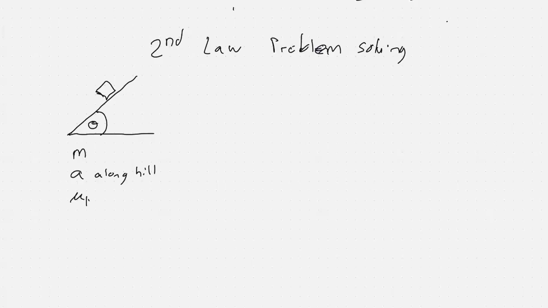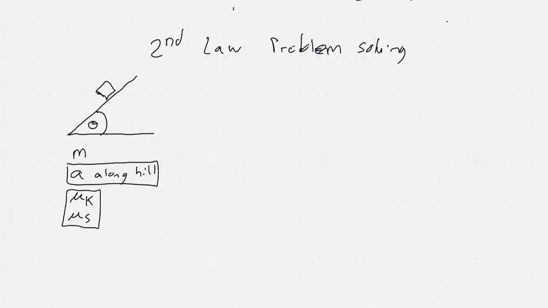Perhaps I'd have to give you both. So I'd have to give you one or the other here. And with that information, I can either give you this acceleration along the hill or these coefficients of friction. And with that, I can solve this in one of either two ways.